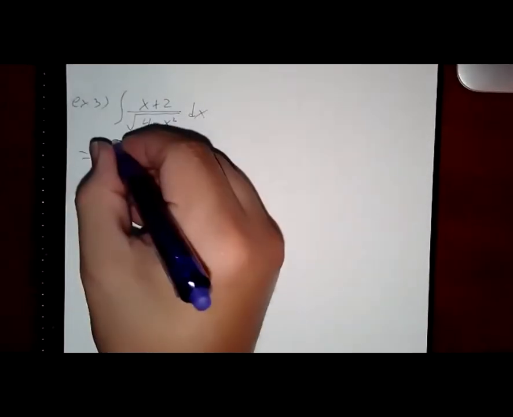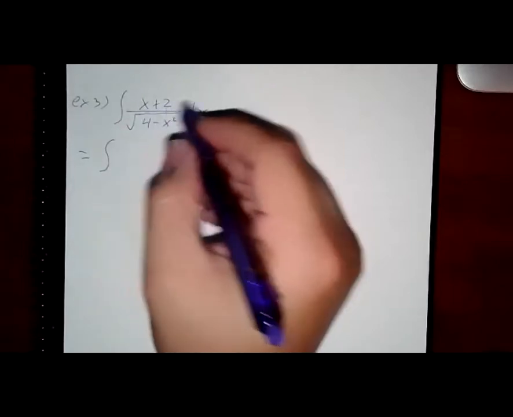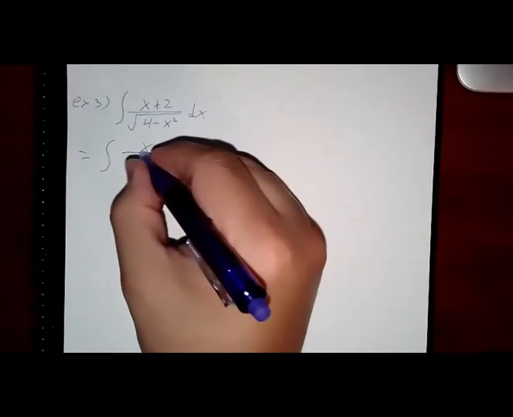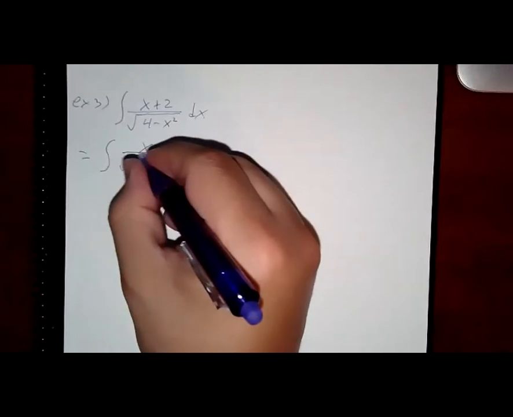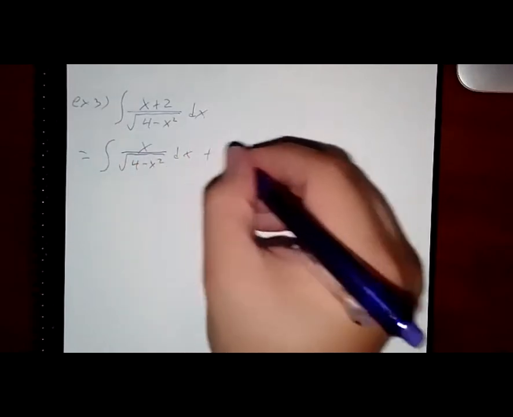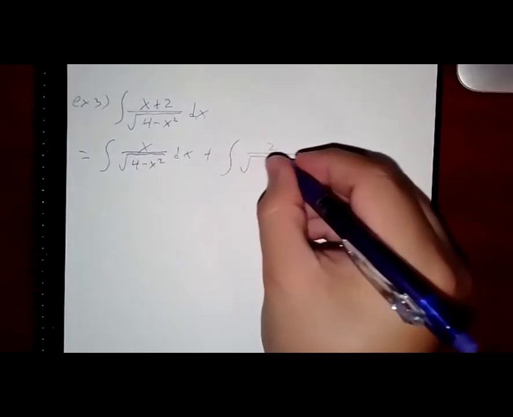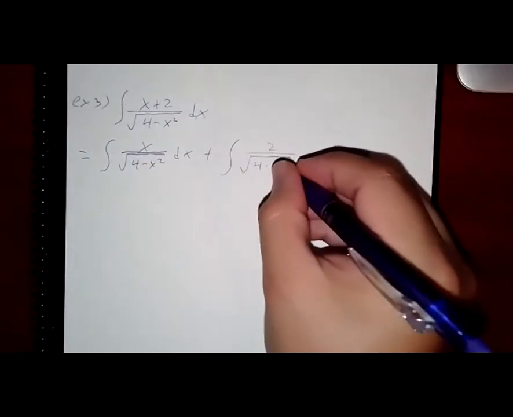But we have a bunch of stuff on top, so let's fix that first. We can separate the fraction, right? So this is a fraction being added together as the integral of x over the root of 4 minus x squared dx plus the integral of 2 over the root of 4 minus x squared dx.